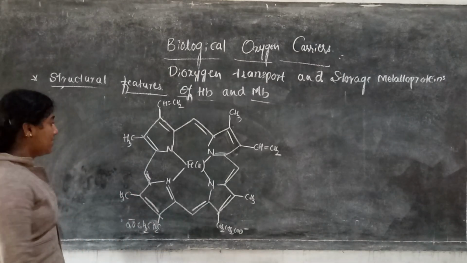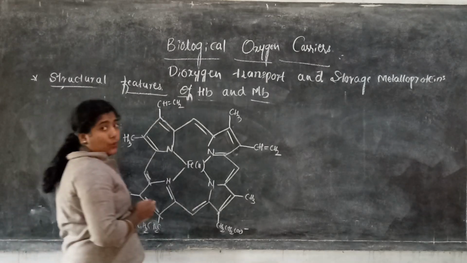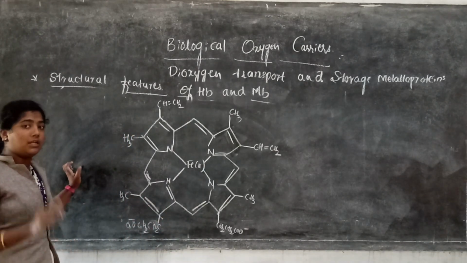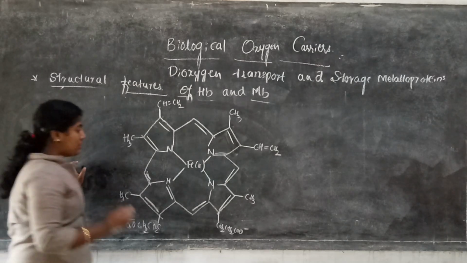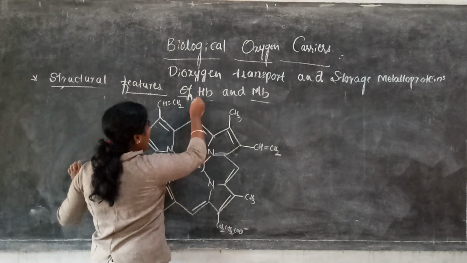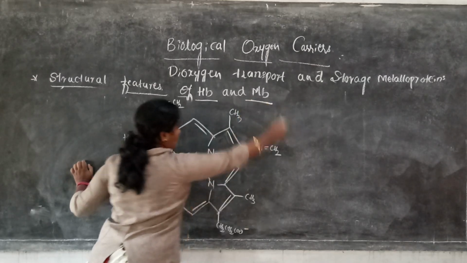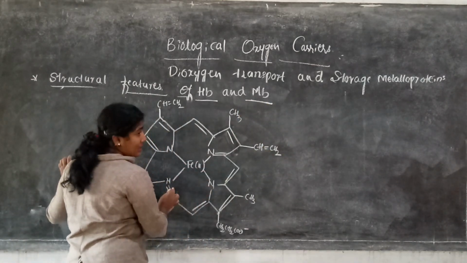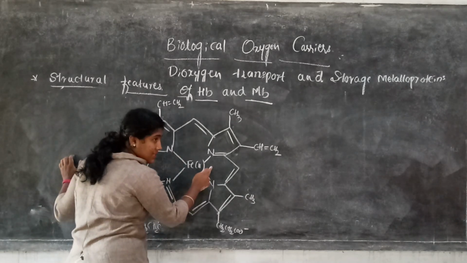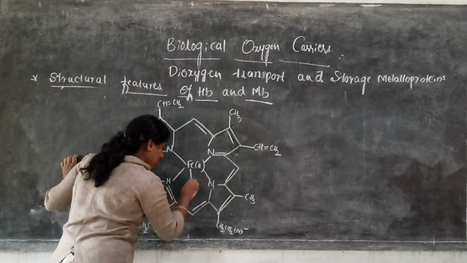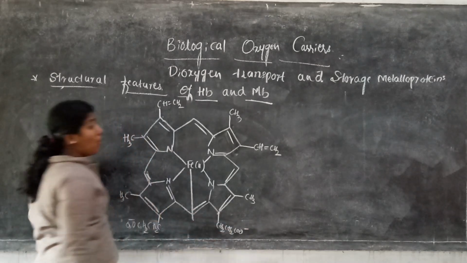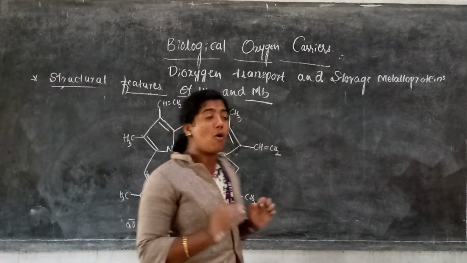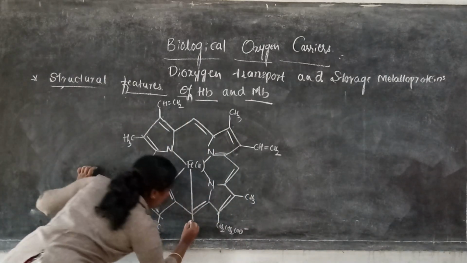This is the basic prosthetic unit of hemoglobin and myoglobin. Myoglobin contains only one subunit. In hemoglobin and myoglobin, the iron is coordinated to 4 nitrogens of the porphyrin system, and the fifth coordination site is coordinated to the proximal histidine group.